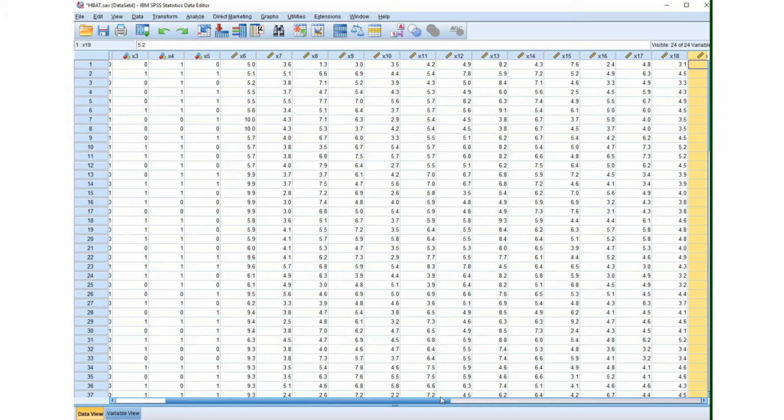And with univariate, what we want to do is look at particular observations that seem well outside the range of typical.